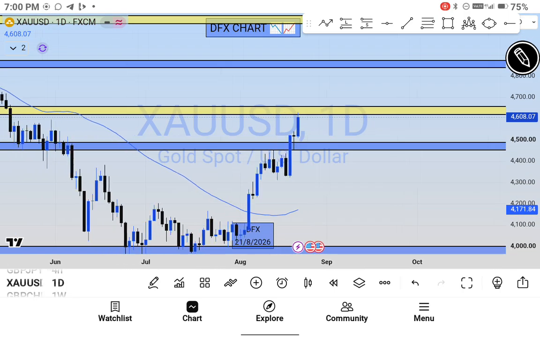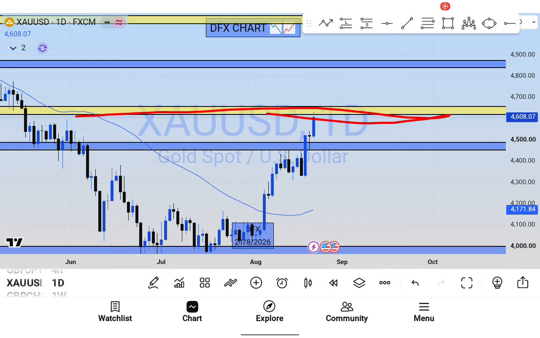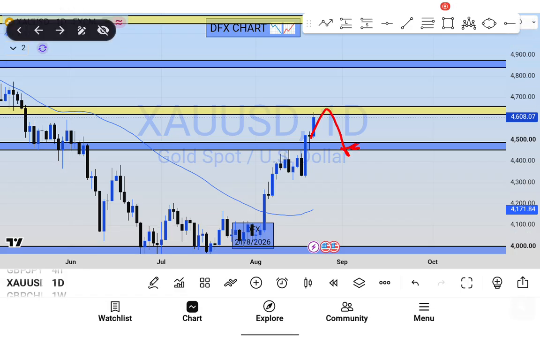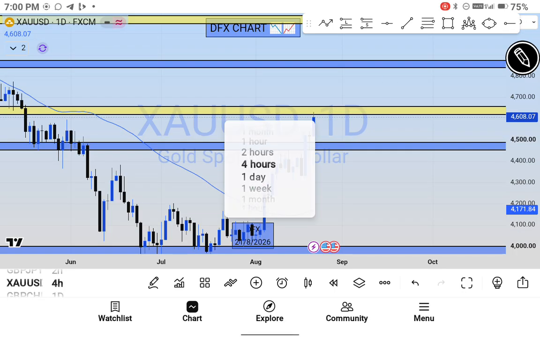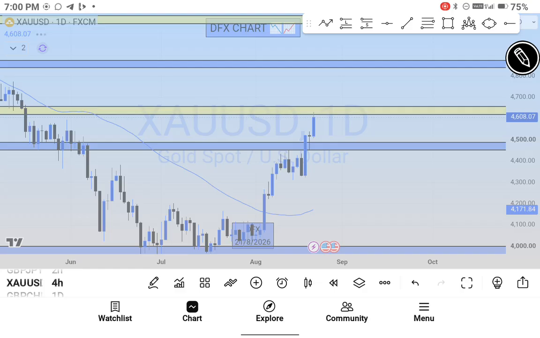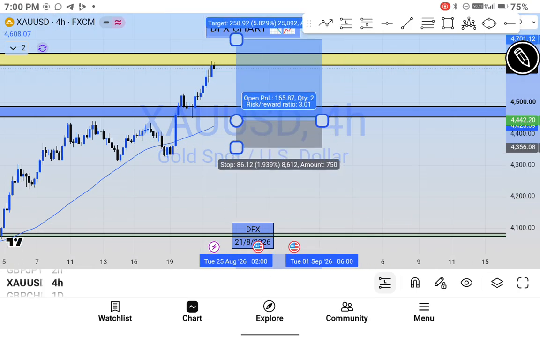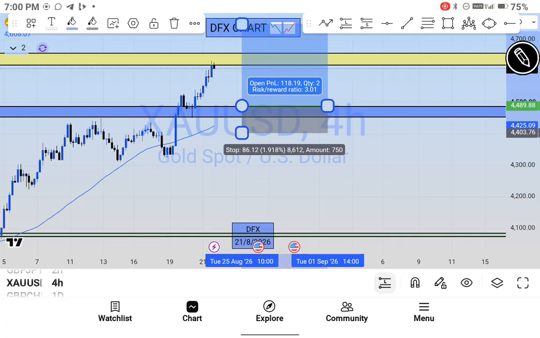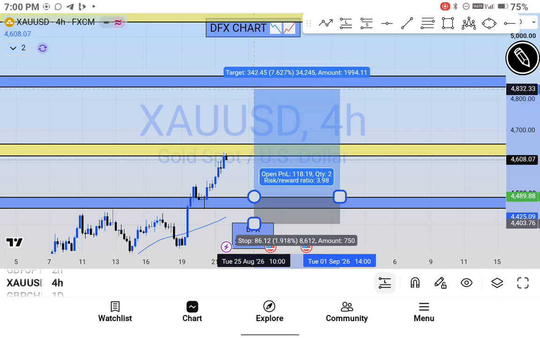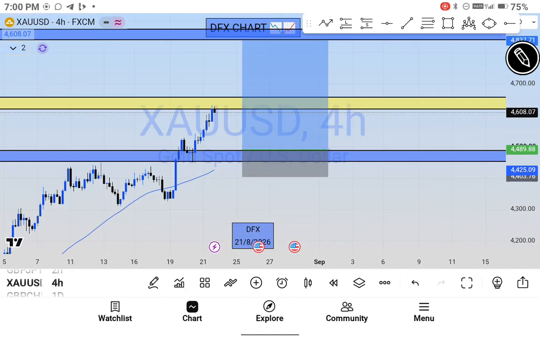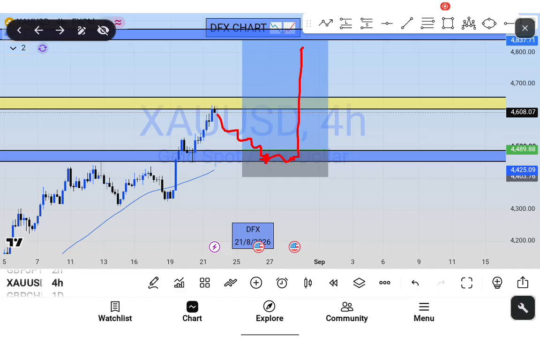Gold on a daily time frame, we already hit a resistance, a daily resistance, which is this yellow bar. So we expect the price to push back to this point, then from there we start looking for entry to buy to the upside. So on the 4-hour time frame, we are going to be waiting for the price to come back to this zone, then we buy to this point. Okay, so we'll be waiting for a retracement, reaction, candlestick confirmation, and we'll buy to the upside.